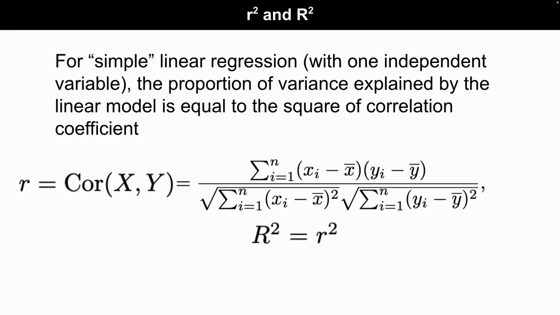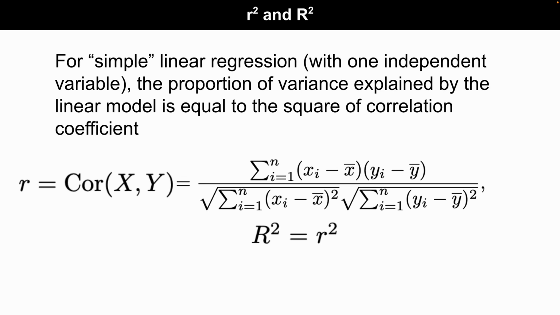This quantity, TSS minus RSS divided by TSS, can be calculated for any model that you fit, because the definition is generic and there is no assumption. The correlation coefficient also does not assume any distributional properties because this is all empirically defined. They become equal only in the case when you have only one dependent variable, okay?